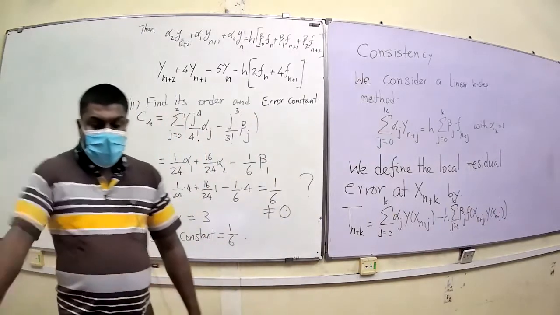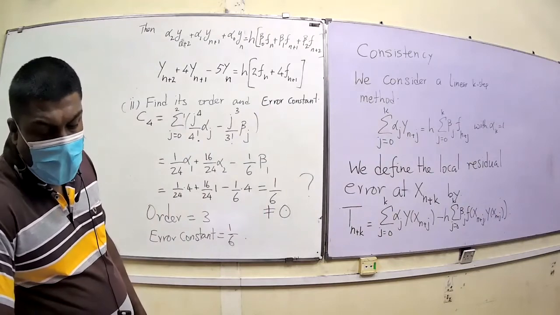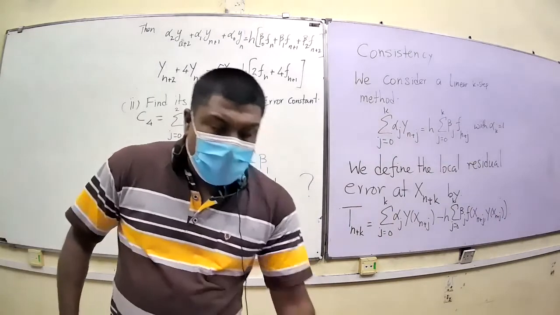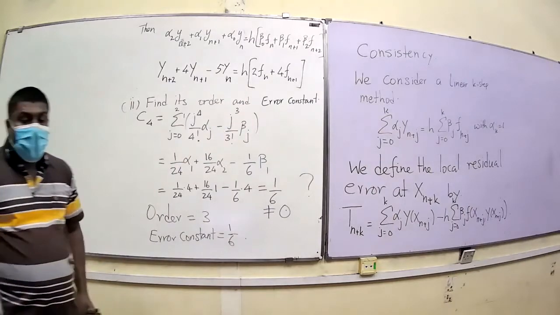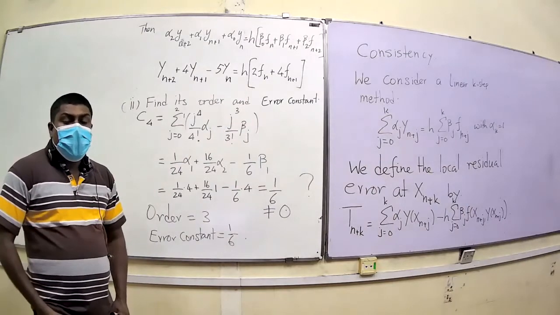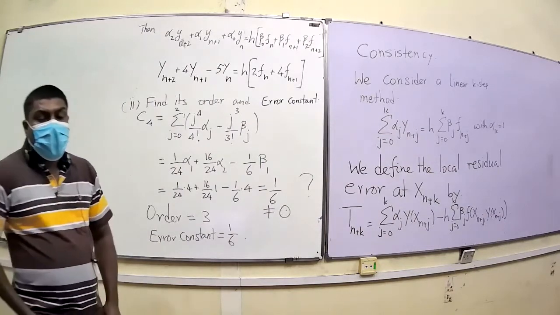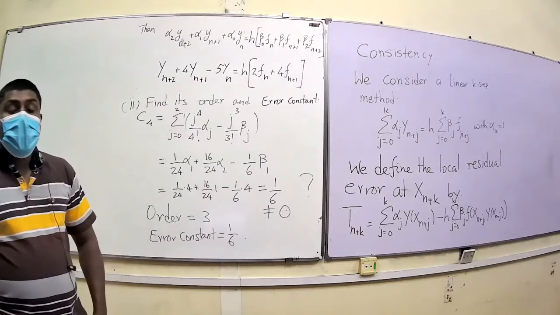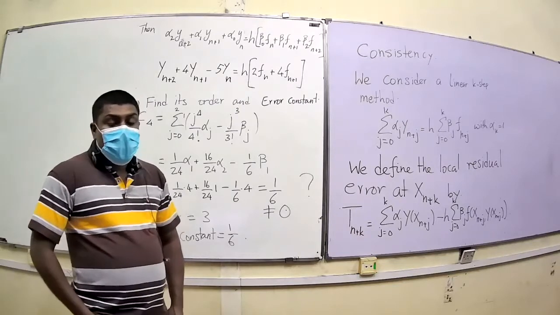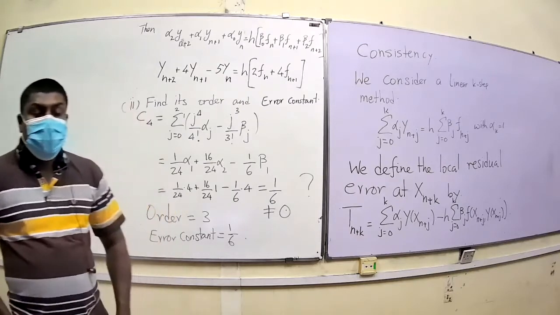So we define the local truncation error by left hand side minus right hand side, both sides evaluated at xn plus j. Instead of using the approximated value yn plus j, we will use the real value y at xn plus j.